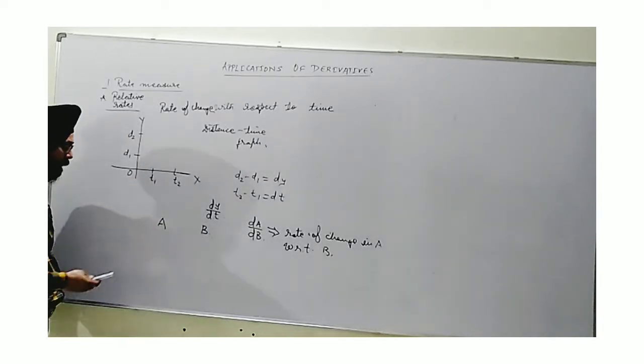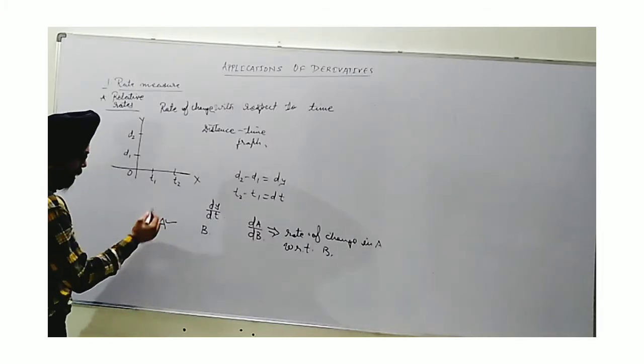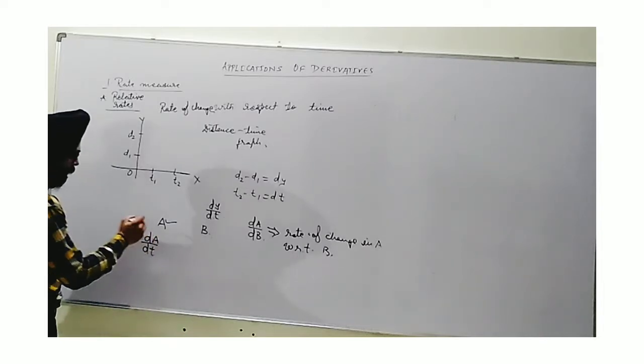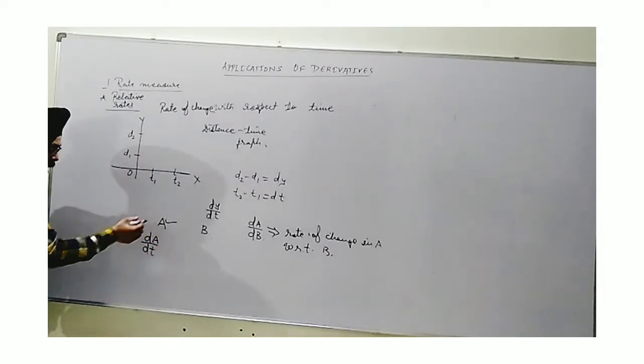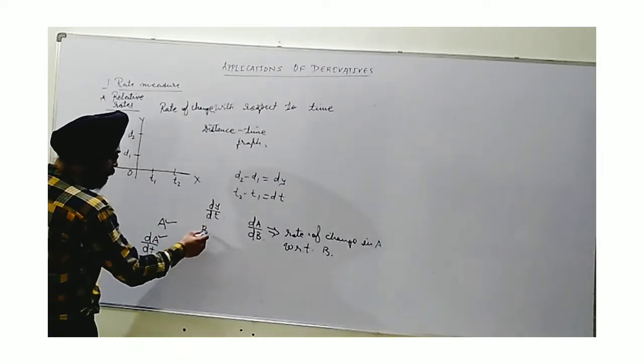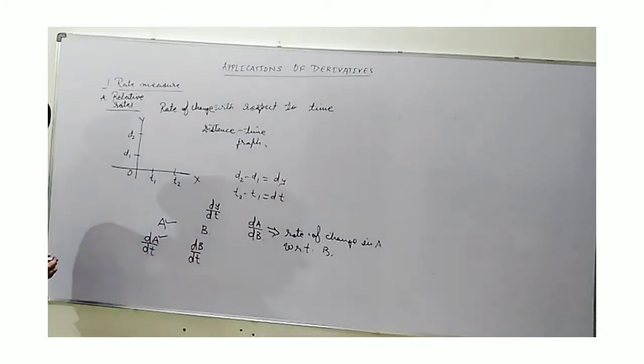So A will be some function for sure, as I said, this is a quantity. The change in A with respect to time, that is differentiating with respect to t, can be shown by dA by dt. The change in B with respect to time will be shown by dB upon dt.